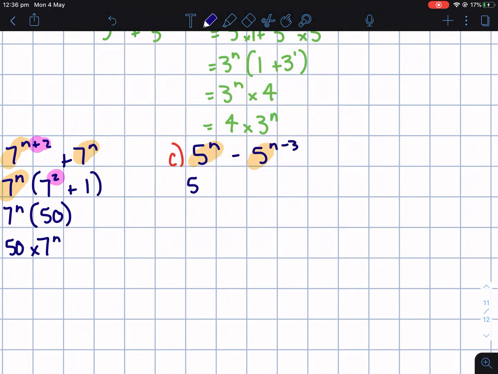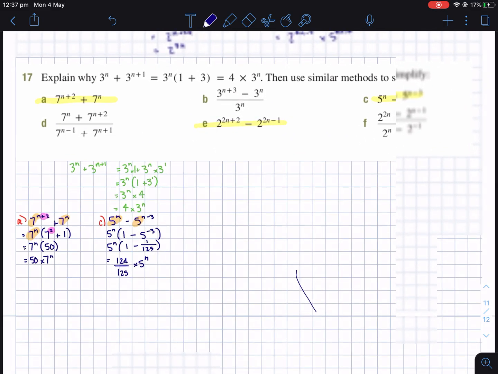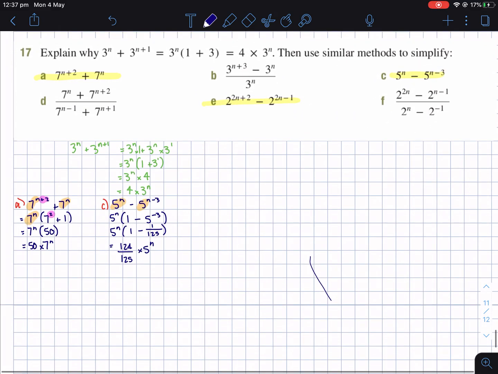So we've got 5 to the n outside of 1 minus 5 to the minus 3. So that's 5 to the n, 1 minus 1 on 125. So it's 124 on 125 times 5 to the n. I'm assuming that's what they want. Doesn't look very simple.